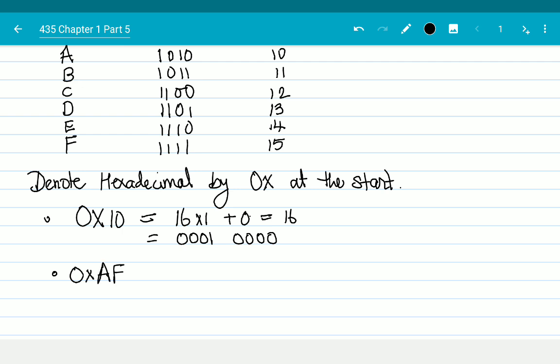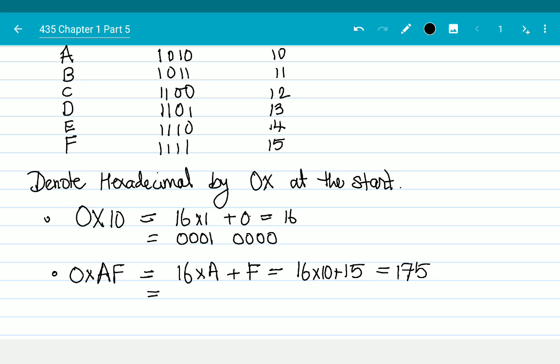0xAF is then 16 times A plus F, which in decimals is, well, A is 10, so this is 16 times 10, and F is 15, so this is 175.